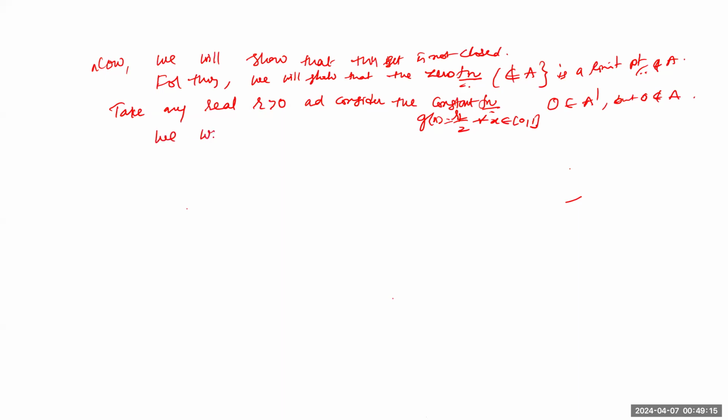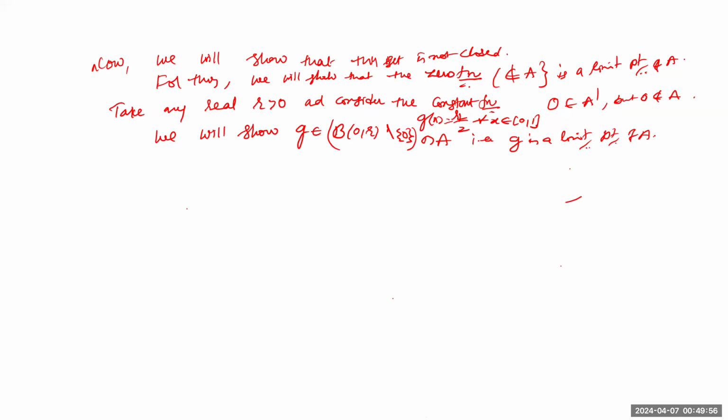We will show g belongs to the ball B of 0 comma r, which is different from the 0 set, intersection A. So what does that mean? That is g is a limit point of A, right?